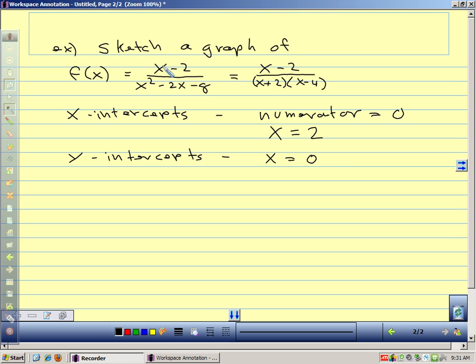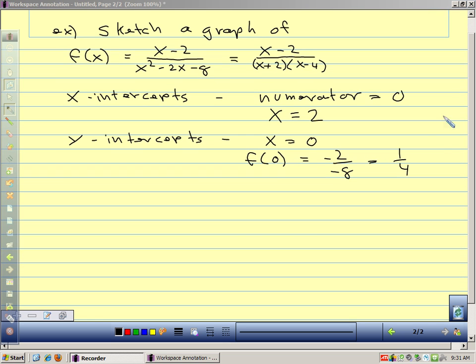If we plug in 0 here, all the terms with x go away, and I get that f of 0 is negative 2 over negative 8, which is just 1/4. So it's going to cross the y-axis at y equals 1/4. So we have a couple of points that we can work with here.